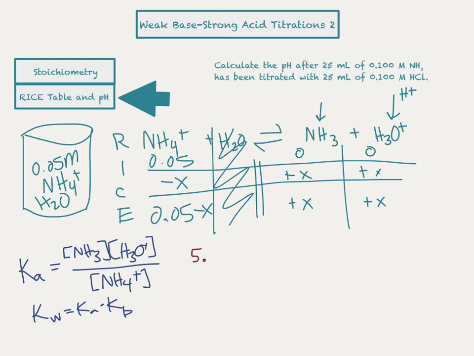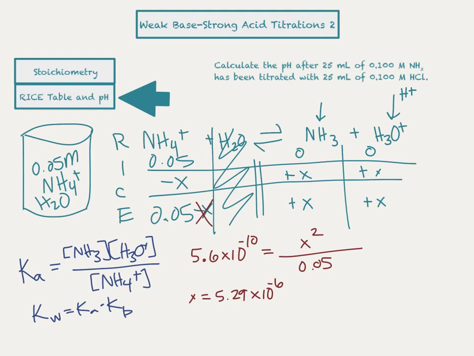It is 5.6 times 10 to the negative 10. And we'll set that equal to x squared. We'll use our 5% rule to ignore this x, put 0.05. When you solve for the x, you end up getting 5.29-ish times 10 to the negative 6 if you save all of your sig figs.